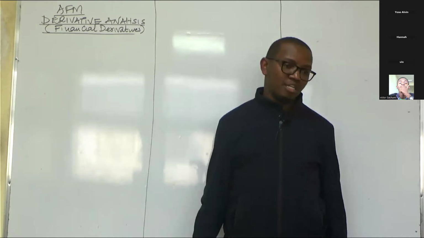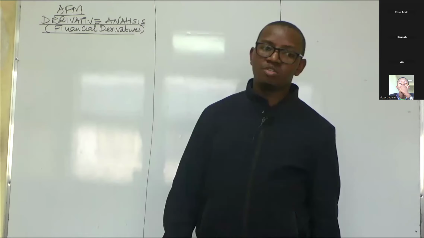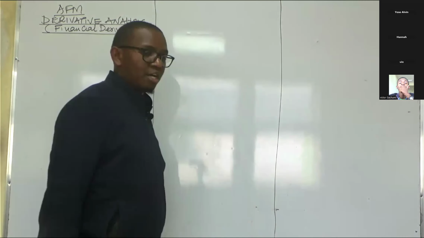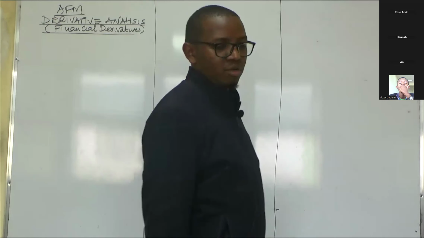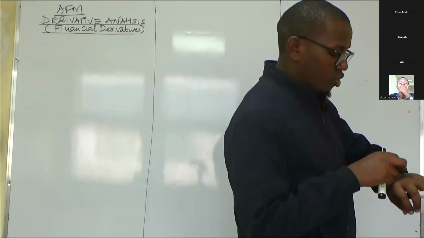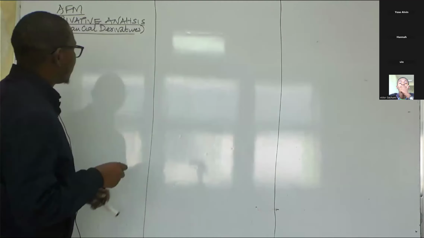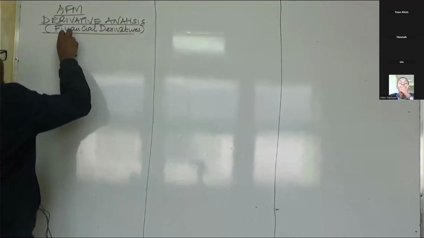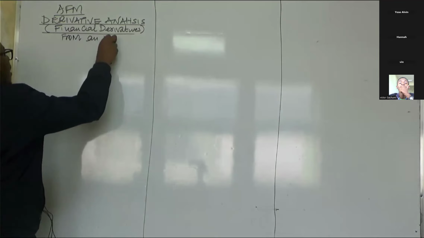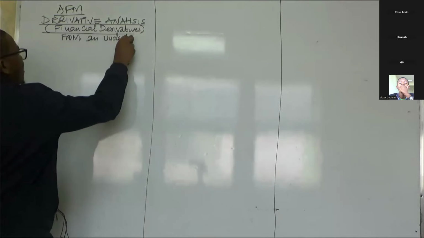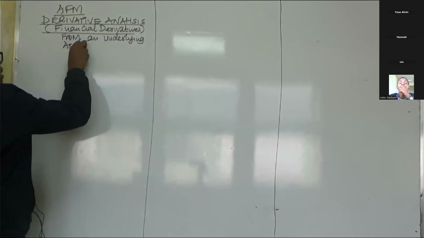So just write and say derivatives are financial instruments whose value is derived from an underlying asset.